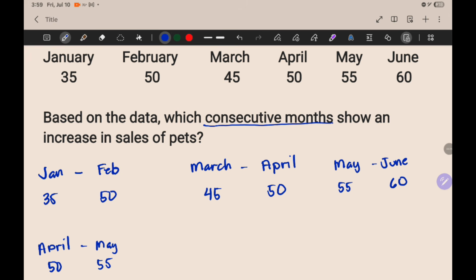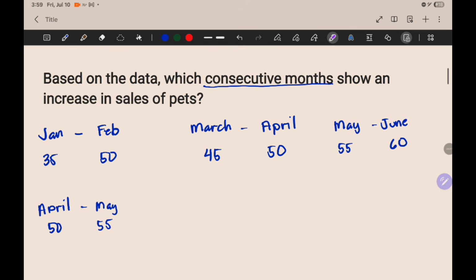So, meron pa ba? March to April, May to June. Ayan. So, meron tayong 4 consecutive months: January to February, March to April, May to June, at saka April to May. Hindi po kasali si February at March. Bakit? Kasi hindi naman po tumaas yung benta niya. Ang hinahanap natin is yung increase in sales.